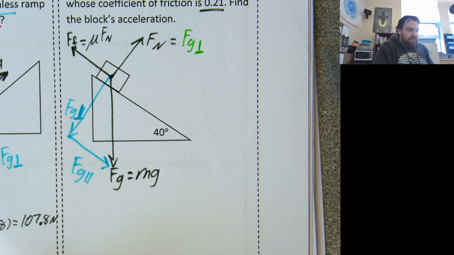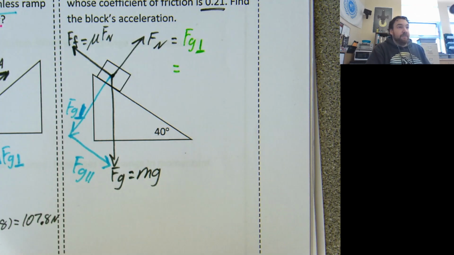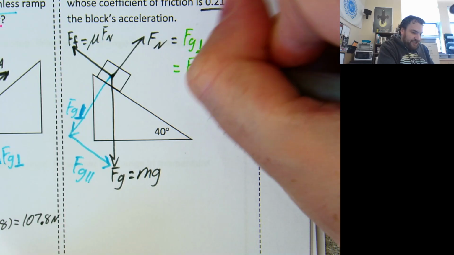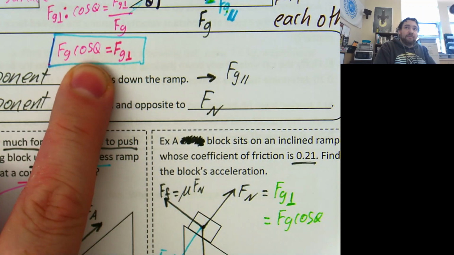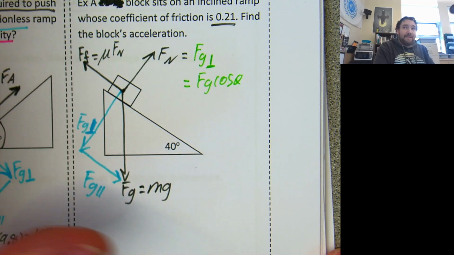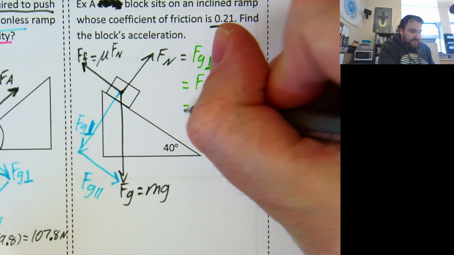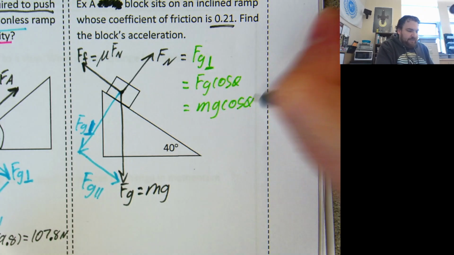And we have an expression for Fg perpendicular. Fg perpendicular was just equal to Fg cos theta. That's this guy right here. And Fg, we don't have the mass, so Fg is just going to equal mg for the time being. So Fn is going to equal mg cos theta.